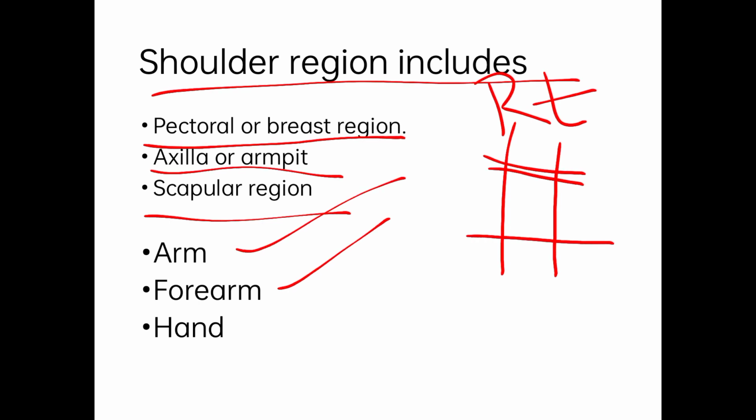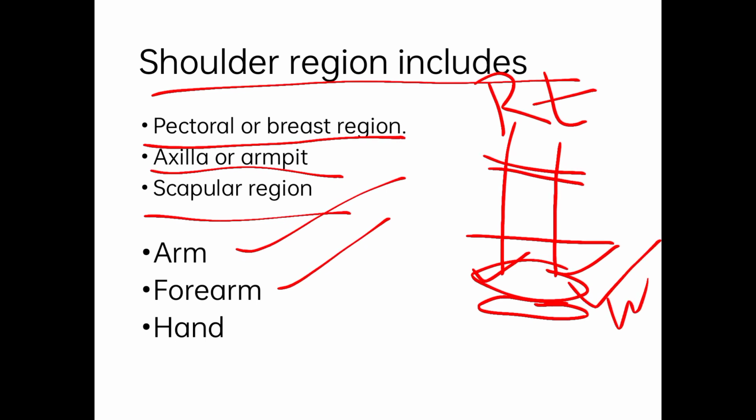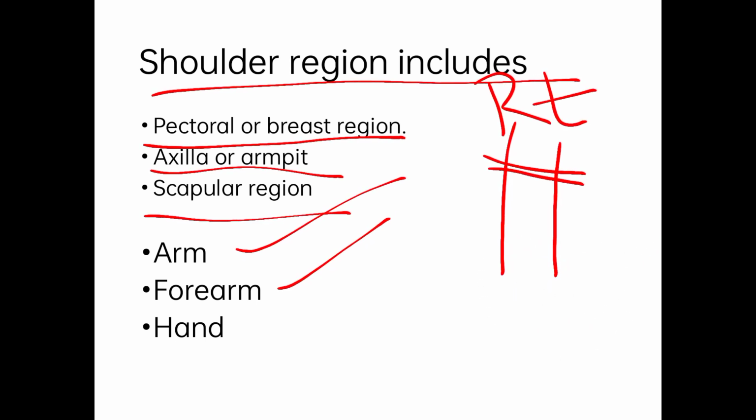Then the lower end of the radius and ulnar articulates with 8 carpal bones and forms here the wrist joint. Now the radius and ulnar meet each other at radioulnar joint. The elbow joint permits movements such as flexion, extension and supination and pronation.